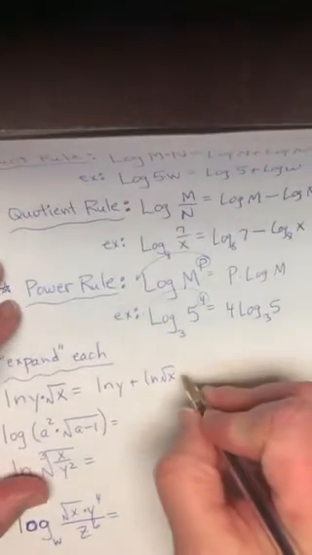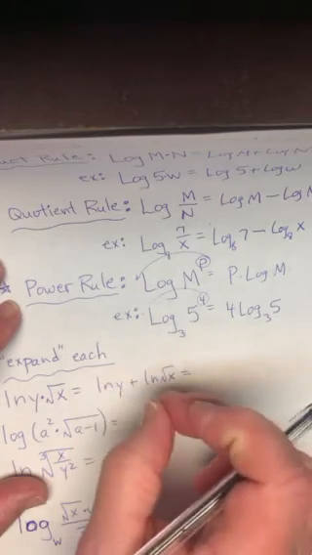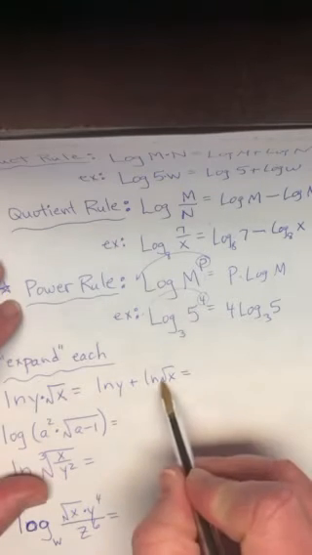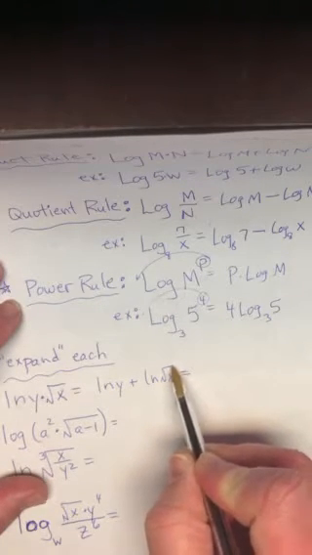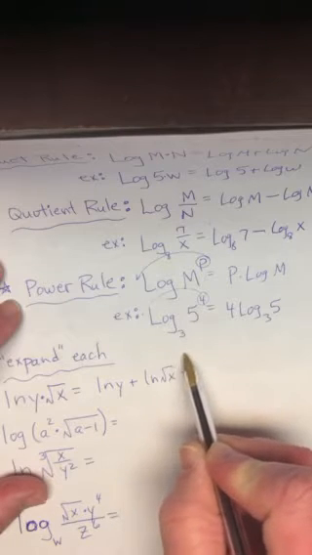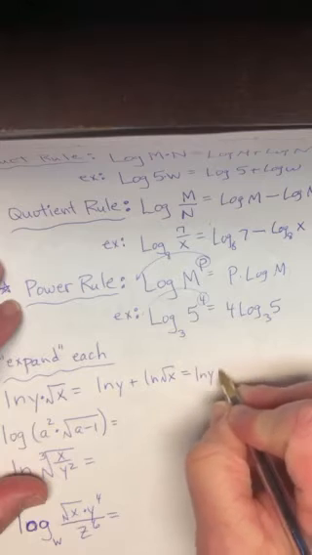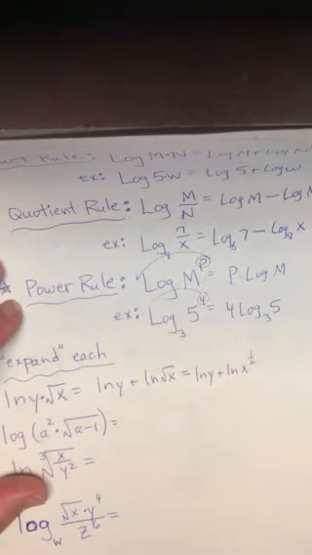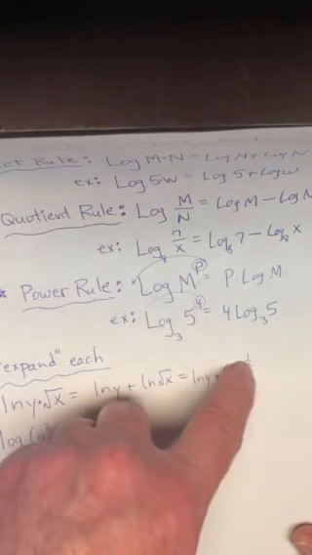Remember, you're trying to take this engine apart into as many pieces as you can. Do you guys agree that a square root box, I know I mentioned this yesterday, is really what? A power of 1/2, isn't it? So this is really ln of y plus the ln of x to the 1/2 power, because again, a square root box is really a 1/2 power.